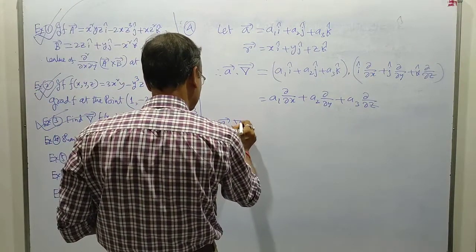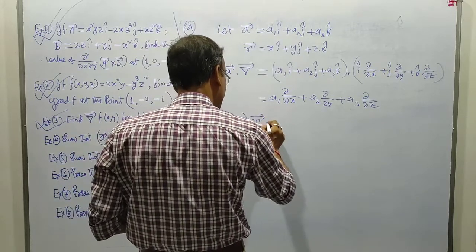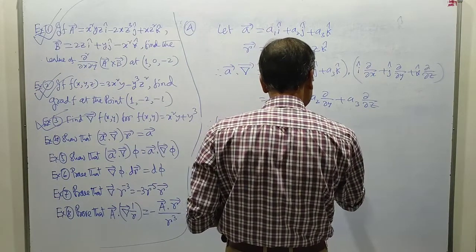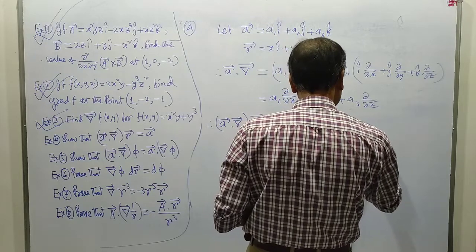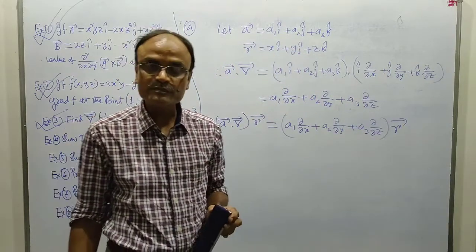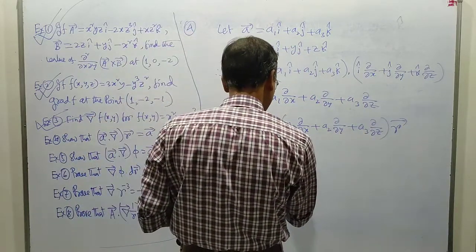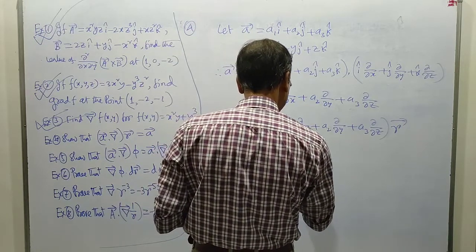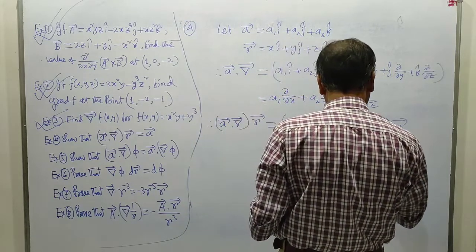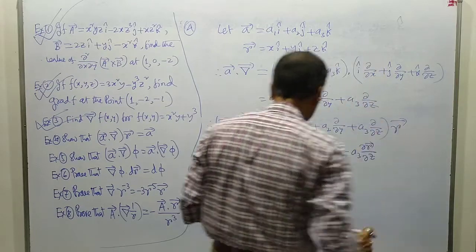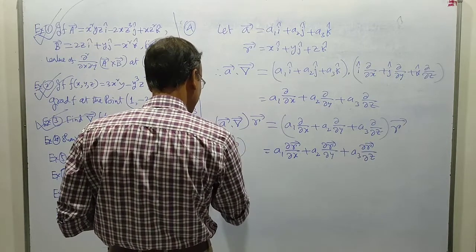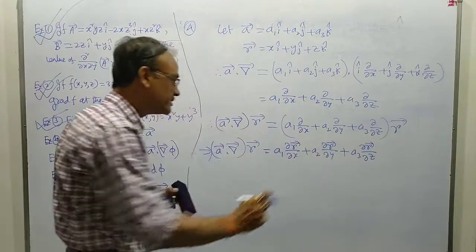Therefore, A dot nabla of r vector equals A1 del r by del x plus A2 del r by del y plus A3 del r by del z.